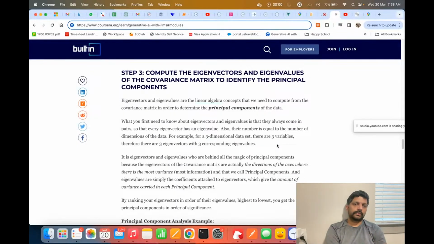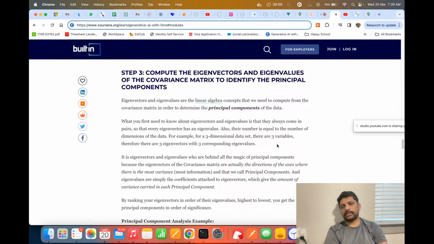Basing on covariance, you calculate eigenvectors and eigenvalues.